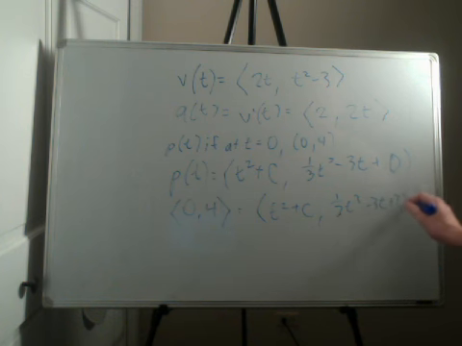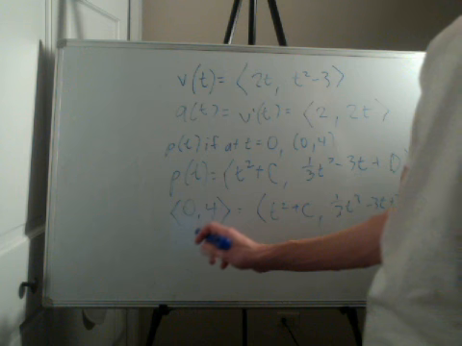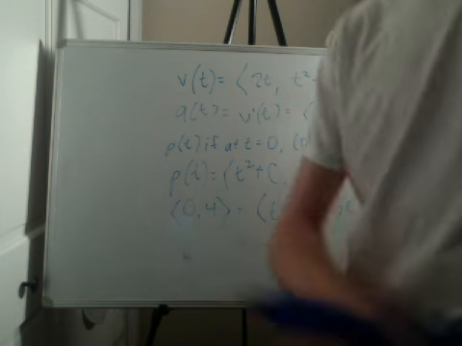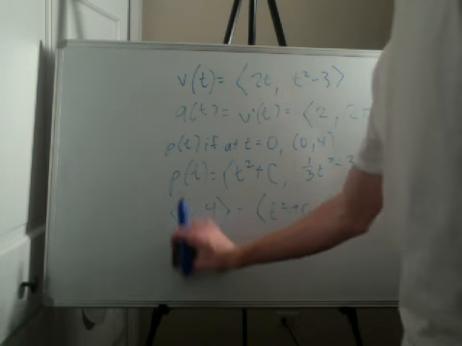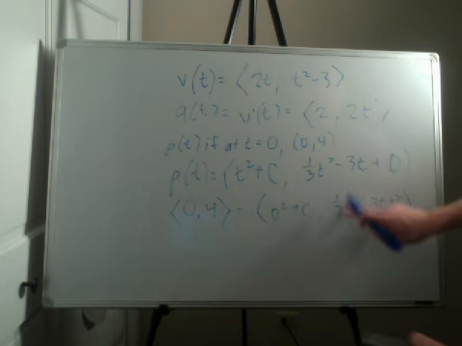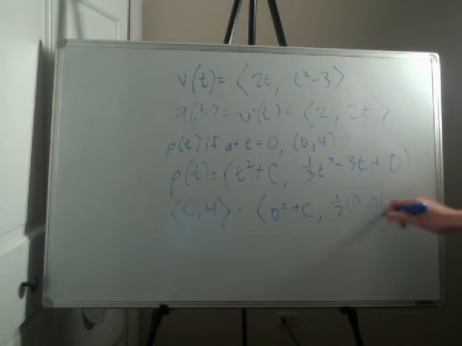I hope this works out, I kind of didn't check. So t squared plus c equals 0, so, wait, that was stupid, because then I should plug in zeros for these, so this would be 0, 0, 0.